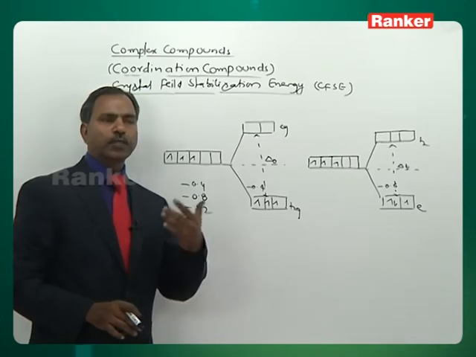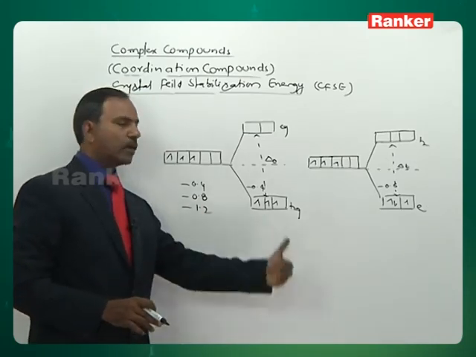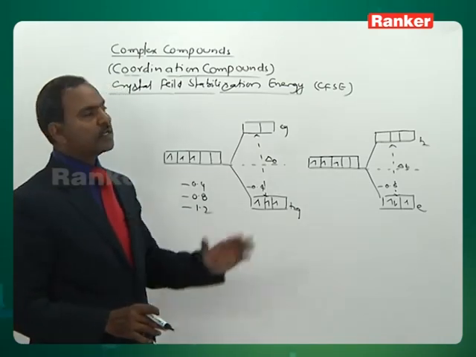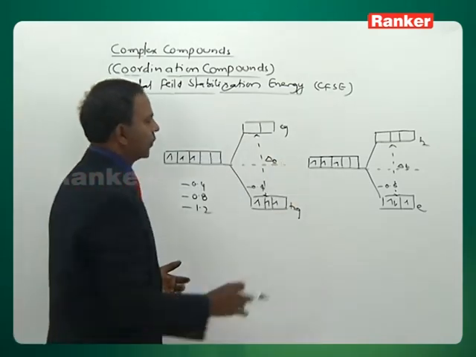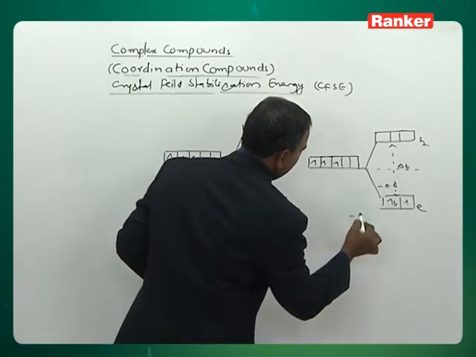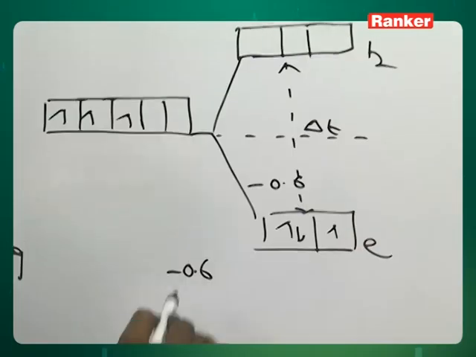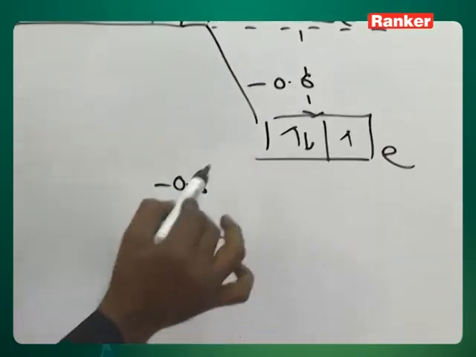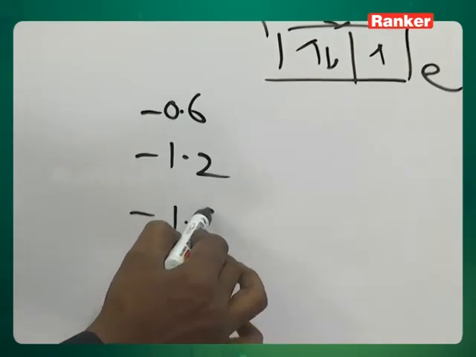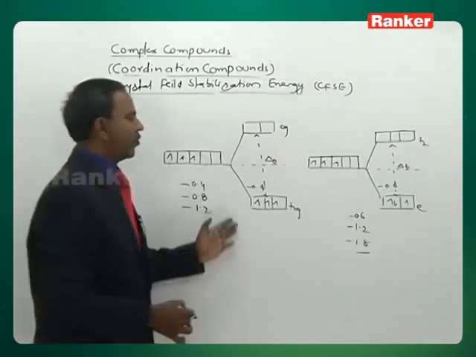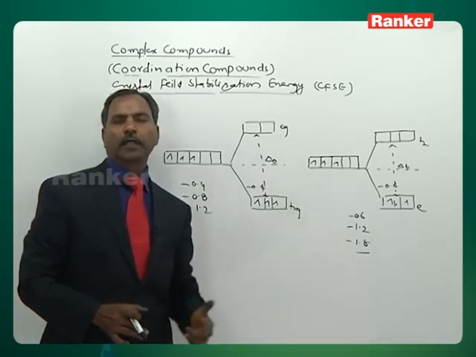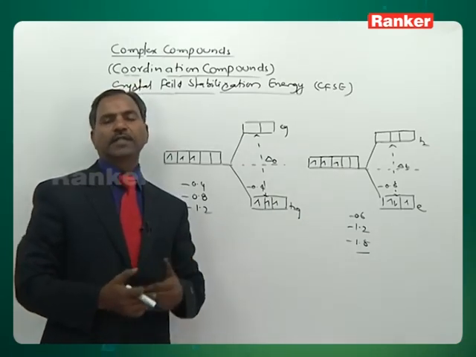First electron minus 0.4 times, second electron minus 0.8 times, third electron minus 1.2 times.